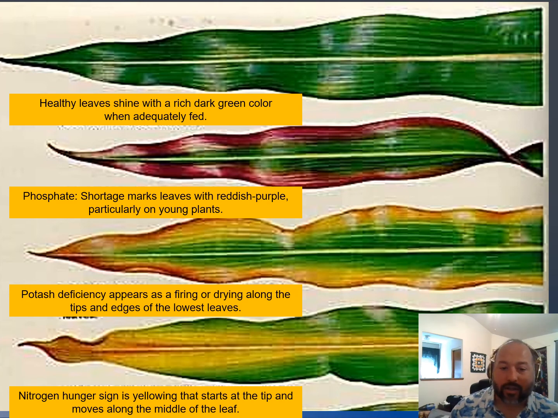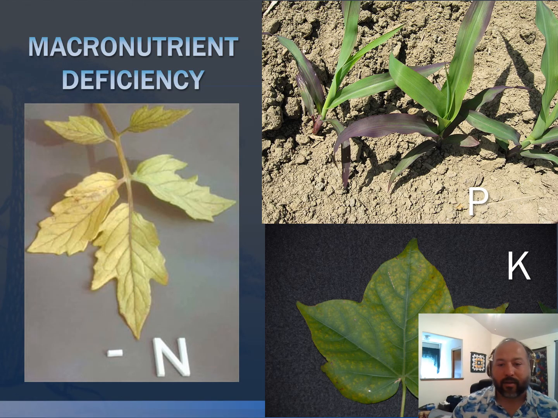So potash, the outside of the leaf; phosphate or phosphorus, reddish purple; and nitrogen in this case, the tip really starts to look bad, and then it's going down the middle of the leaf. Here are some other examples. The nitrogen deficiency right here, we can see we get this yellowing of the leaves, and then our veins also not looking great.